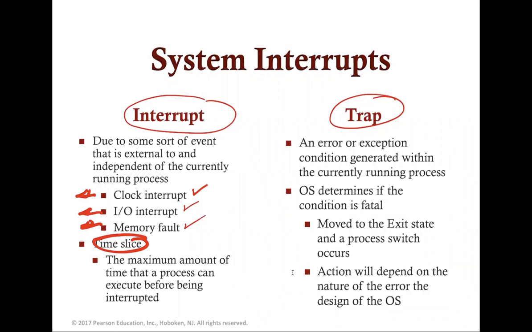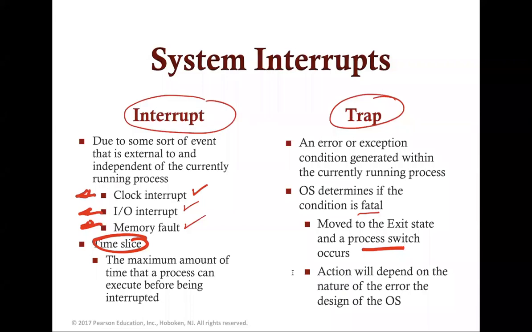This is part of memory management, which we will talk about in more detail when it comes to the memory manager. And if we look into traps, the operating system will determine whether there is an error or exception condition that is fatal. If so, then the current running process is moved to the exit state, and a process switch will definitely occur.